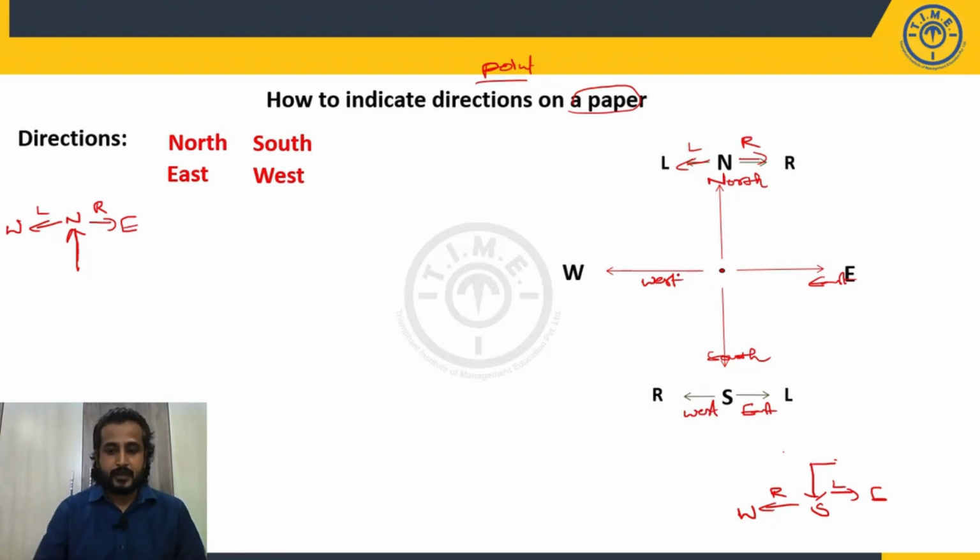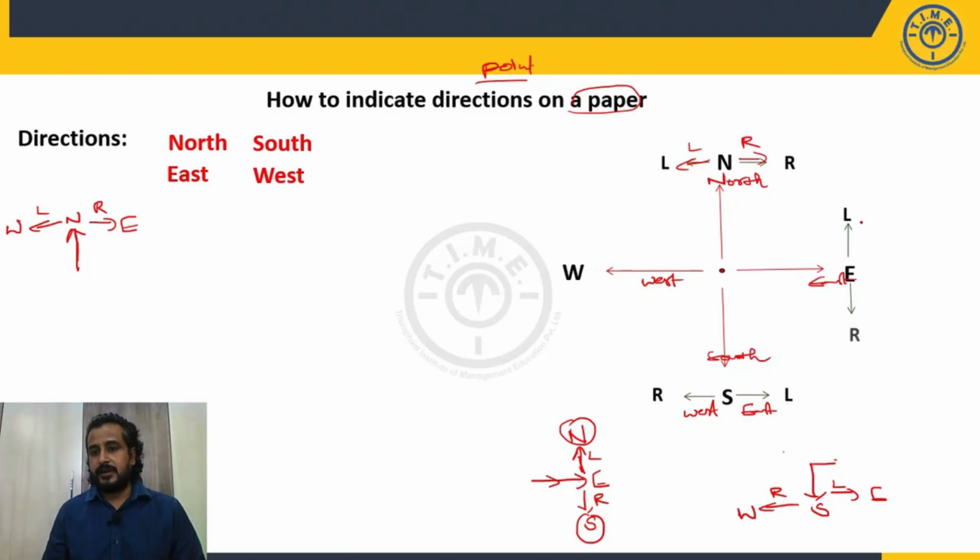Now similarly, if the person is moving towards east, then this will be your left hand side and this will be your right hand side. Your left hand side will be north and your right hand side will be south. So the left hand side is north and the right hand side is south when the person is moving towards east.